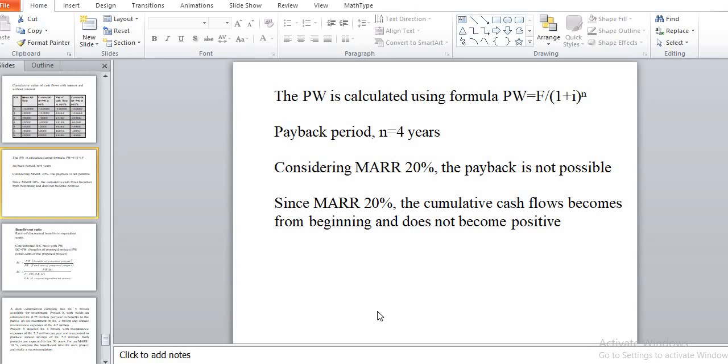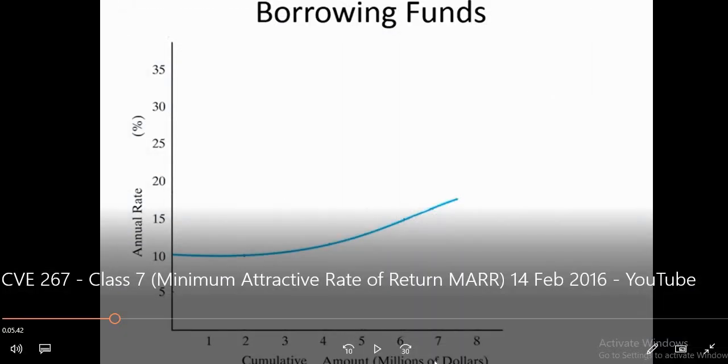So in both cases we compare with a MARR value. What we discuss now in detail is this MARR value.